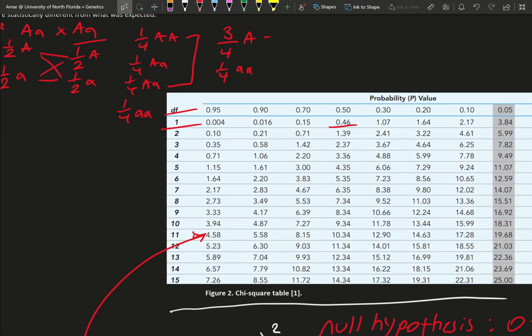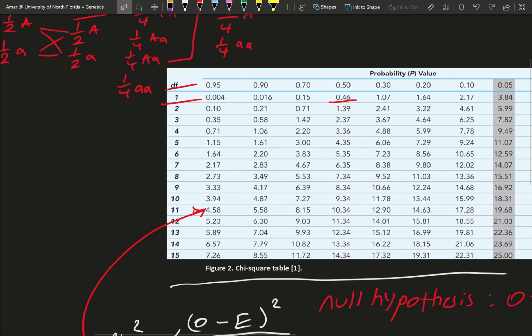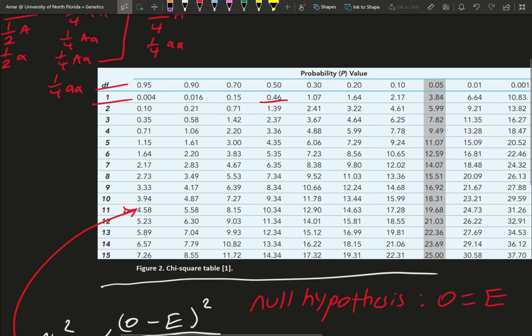And this is where basically all hell breaks loose and students don't know whether we reject the null hypothesis or fail to reject it. You can memorize which side of the table is which, but that's kind of useless because you will forget it on the exam.